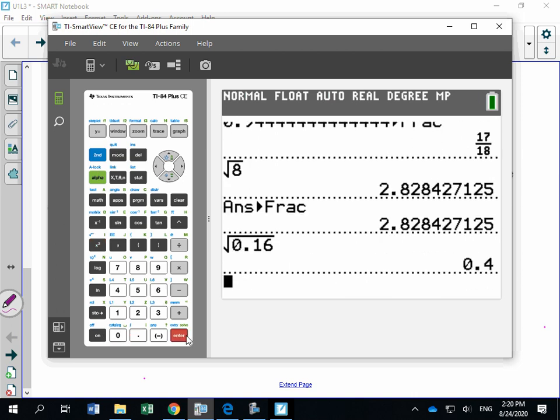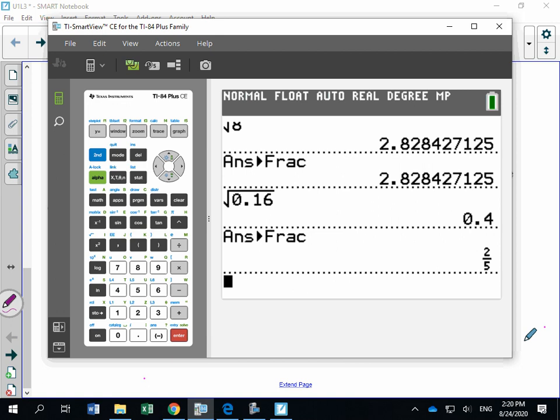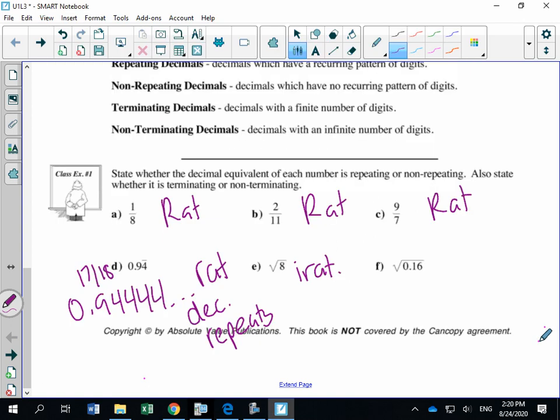Nice terminating decimal. I know that's going to be rational, but let's figure out what the fraction is. Math 1 fraction, 2/5. So 0.4, which is equal to 2 over 5. This guy is rational. Decimal terminates.